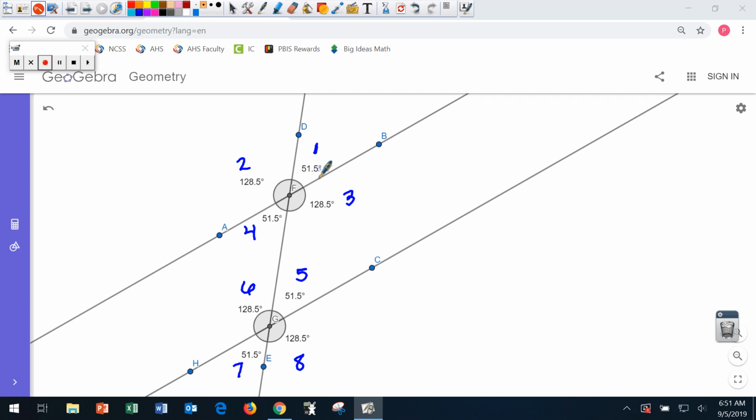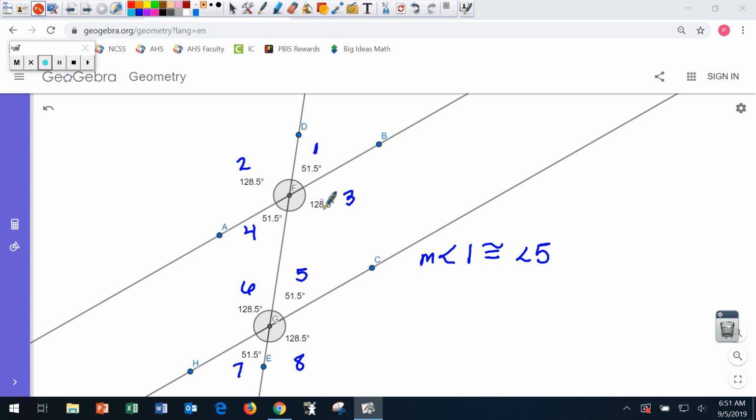Alright, so if you look at angle 1, it is the same exact measurement as angle 5. So I'm going to say the measure of angle 1 is congruent to the measure of angle 5. 1 and 5 are the same.